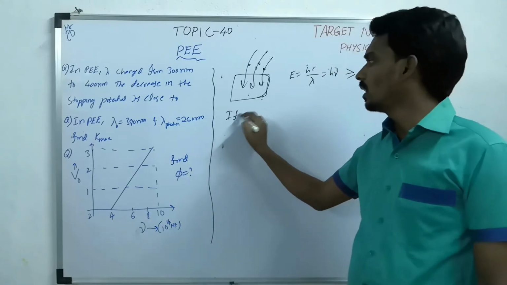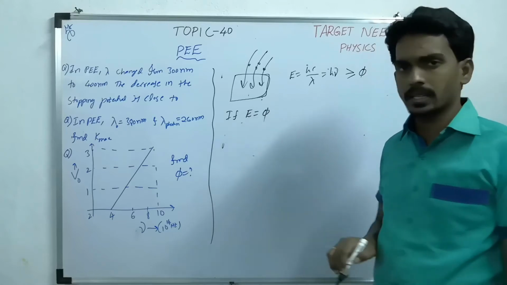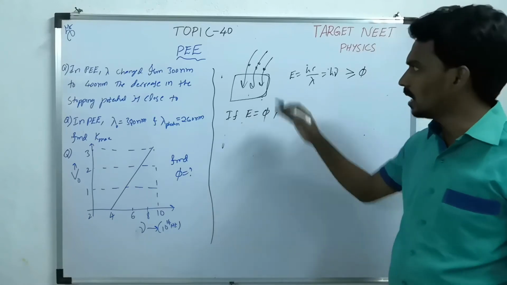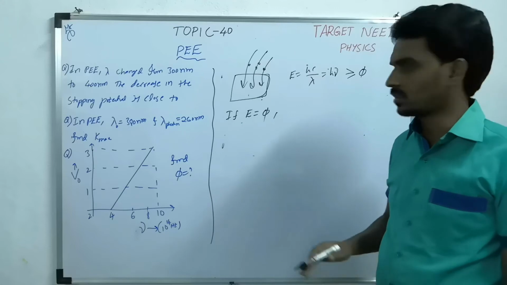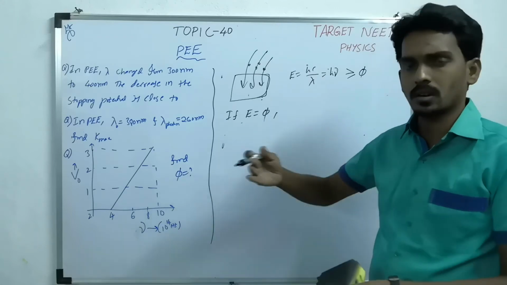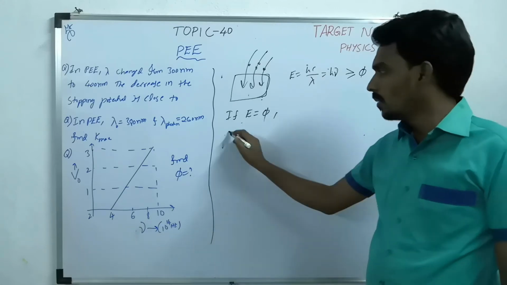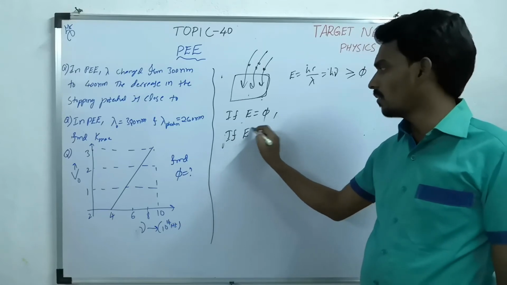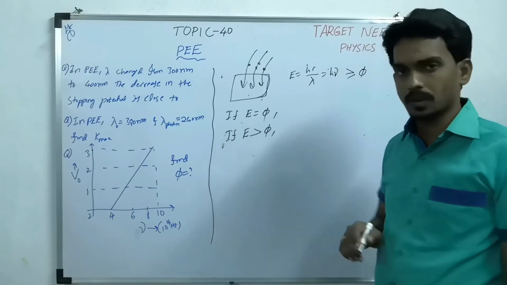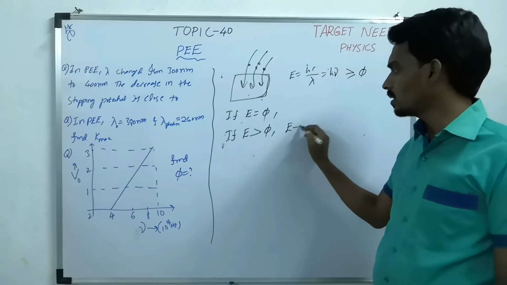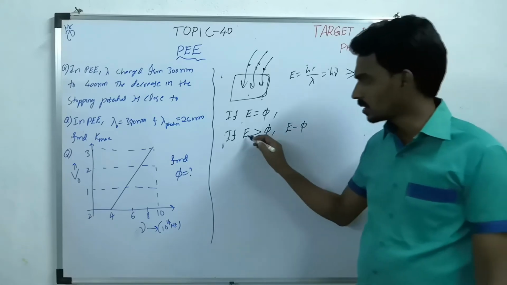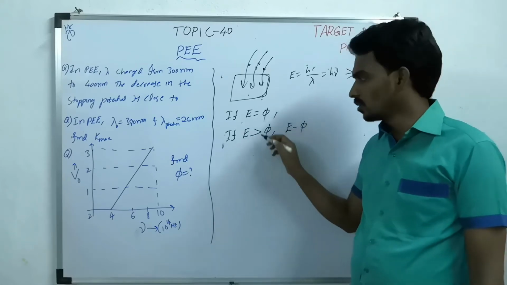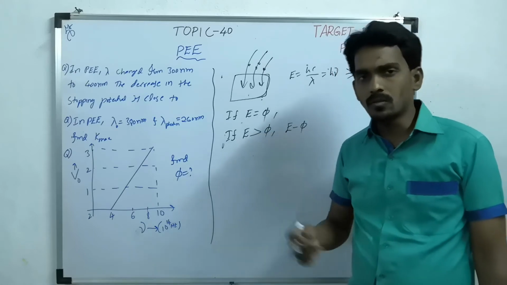If the energy of the photon is exactly equal to the work function, the electron just emerges out. But if the photon energy is greater than the work function, then the excess energy, suppose this is 10 and this is 5, so how much extra energy do we have? 5.